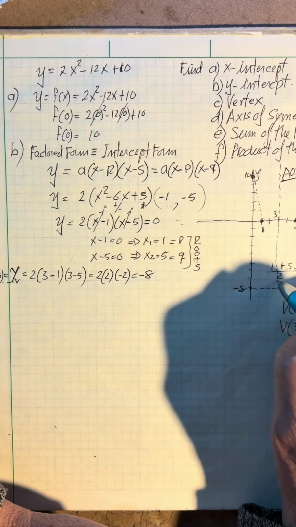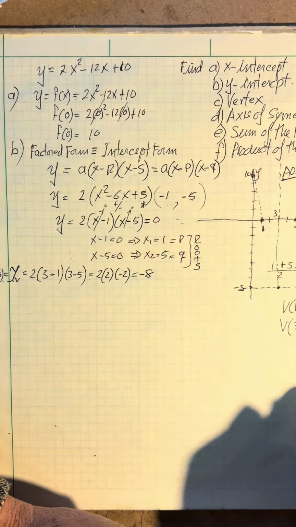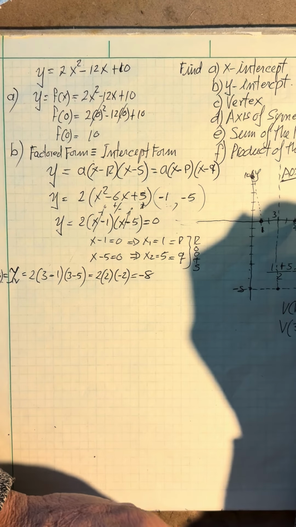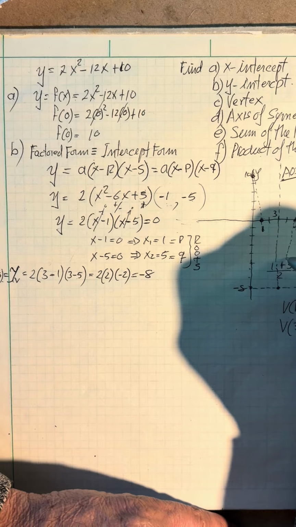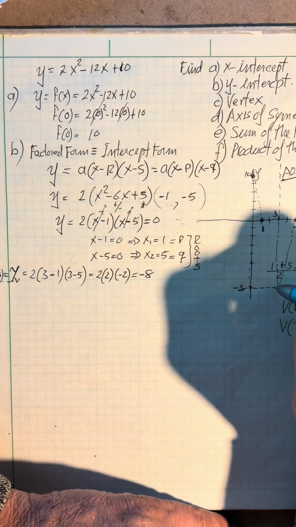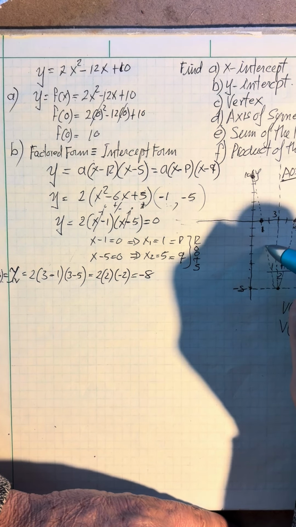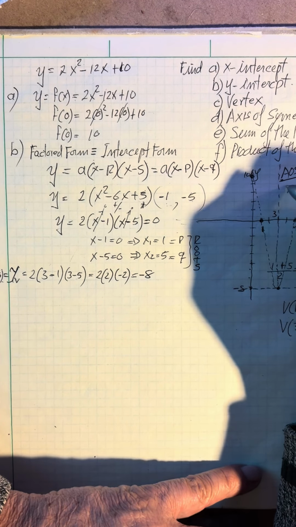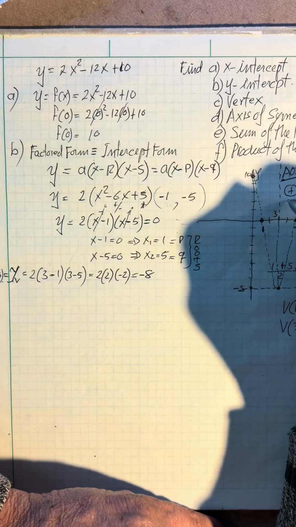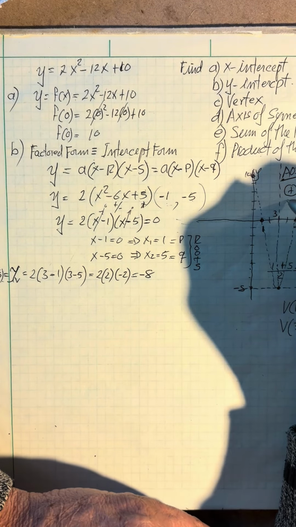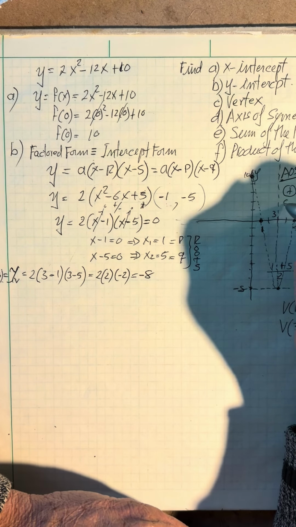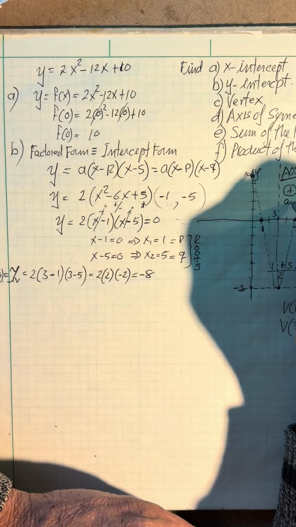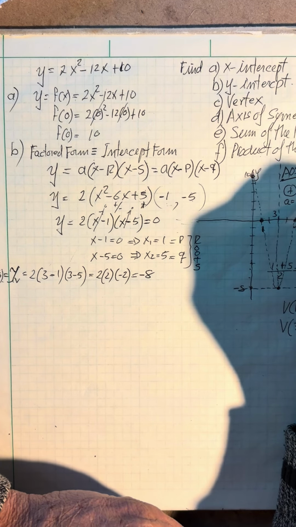Where this line crosses, that's where the vertex is. So this is going to go all the way down there and then come back up here. We have a positive parabola because the leading coefficient, which is a, is positive.